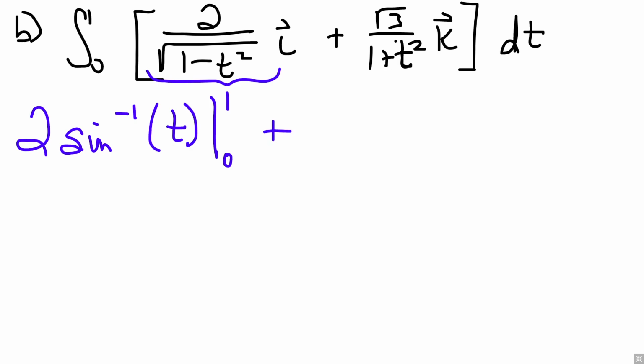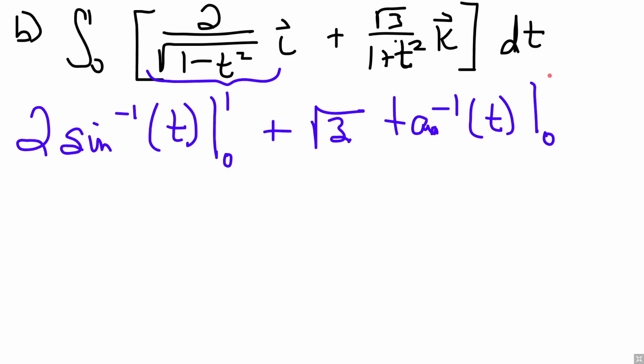Now, for the second one, what would be the antiderivative? Square root of 3 times what? Tangent inverse t. It's just t, and then we're going to evaluate from 0 to 1. Okay, and sorry about that. Got to put the components i and j.